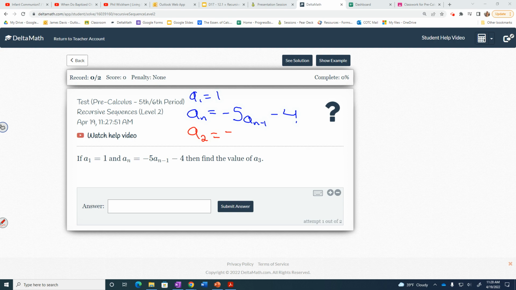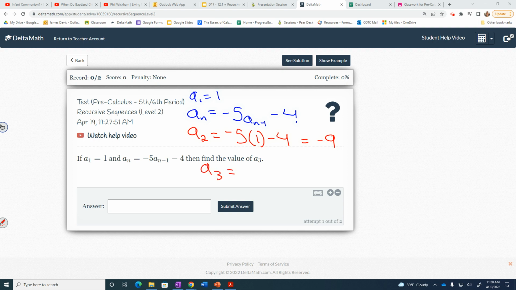It's going to be negative 5 times the previous term, which is 1, minus 4. That little operation there: negative 5 minus 4 is negative 9. So that's our answer. That's going to get plugged into the next one. We're asked to just find a sub 3 on this one, so we don't even have to go as far.